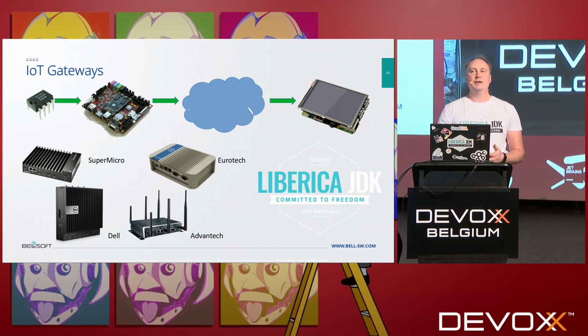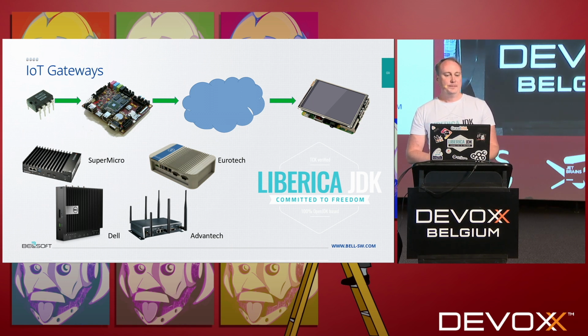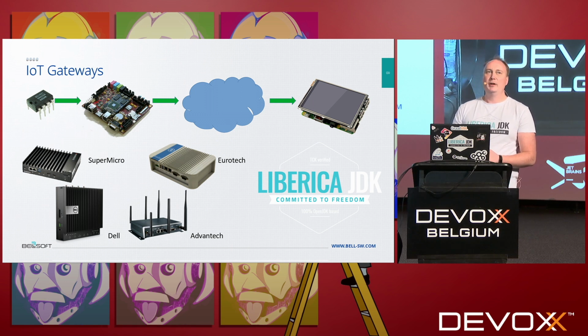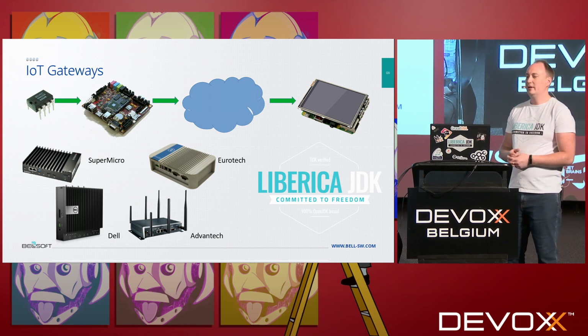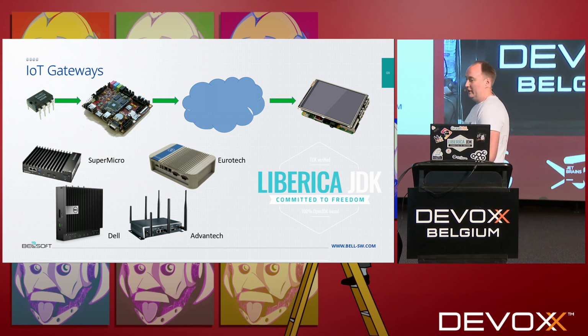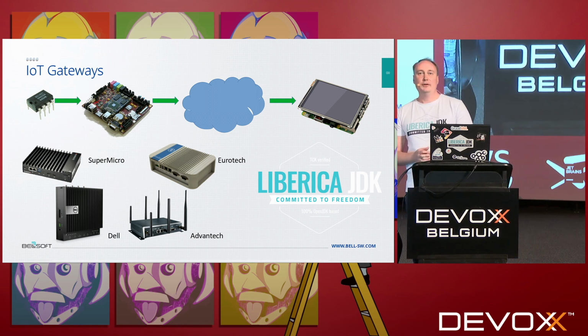What typically happens is that some sensor, here a temperature sensor is pictured, but it may be a camera, sends data to a gateway, which again typically might be MIPS or ARM powered. Then the gateway processes data from different sensors and sends the data to a cloud. And then you can get something out of the cloud.